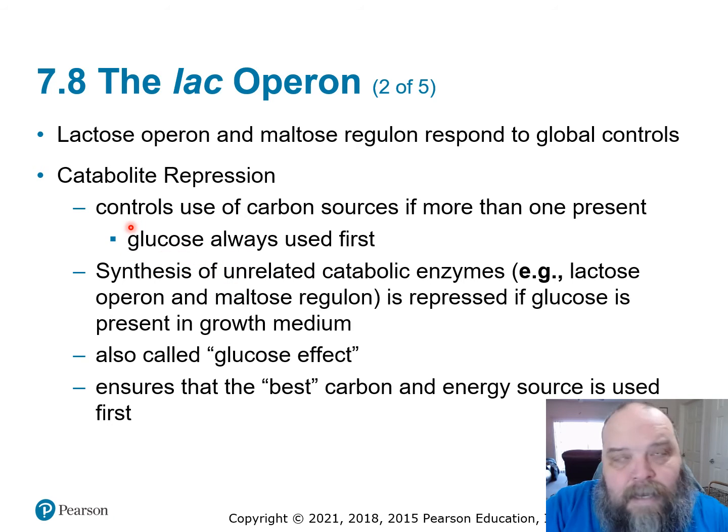Here, the Lac Operon is inherently repressed because all these cells are set up to always use any glucose present first. Doesn't matter if lactose is there, glucose comes first. Use up all the glucose, then go and look to see what other sugars are present.